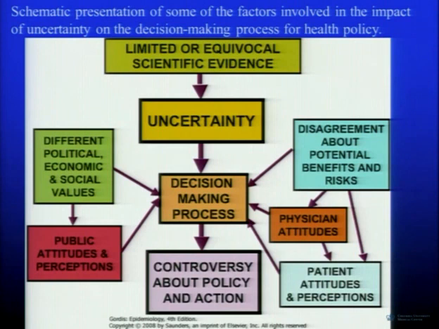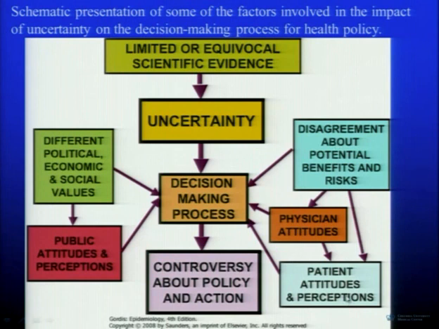So this is looking at some of the decision-making process that we might have in terms of determining our policy and action. We have scientific evidence. It might be limited. It might not agree with each other. So we become uncertain. Then we have to make a decision about whether or not we want to make a policy or take some kind of action. And there's always going to be agreement or disagreement about the benefits and the risks.